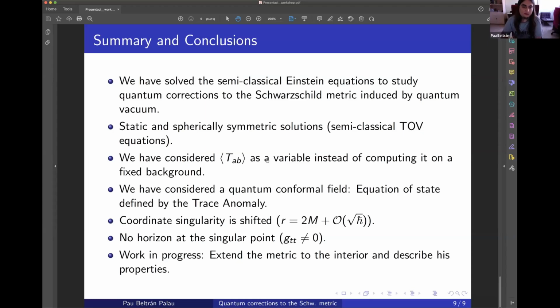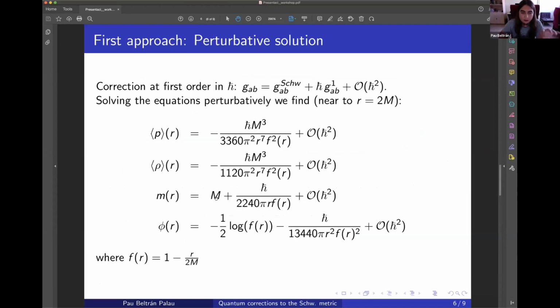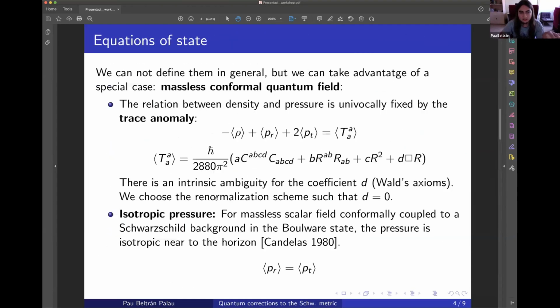Yeah, thank you, Daniel, for your question. That's true. And in fact, the reason why we motivate this with the Boulware state is because we are searching for static solutions, and in the static vacuum the logical choice would be the Boulware state, but we know that this is not the most general case. In fact, we should consider another kind of vacuum and also the time dependence of the metric.